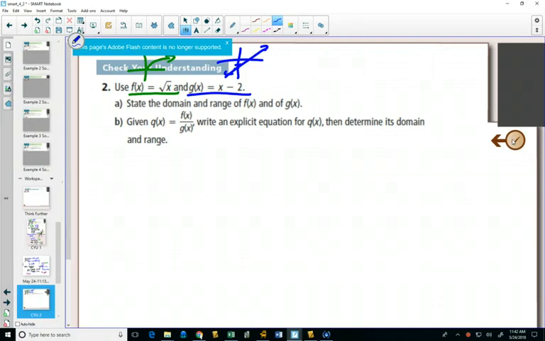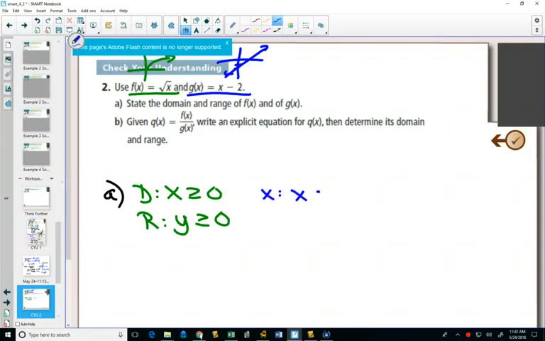So part A, f of x, the domain is when x is bigger than 0. The range is y bigger than 0. For our blue graph, the domain is everything, and the range is everything.